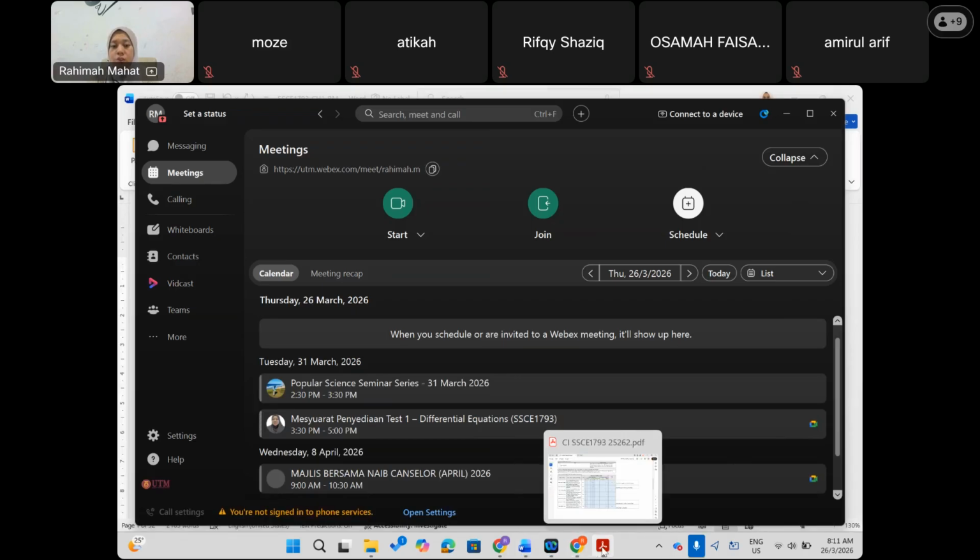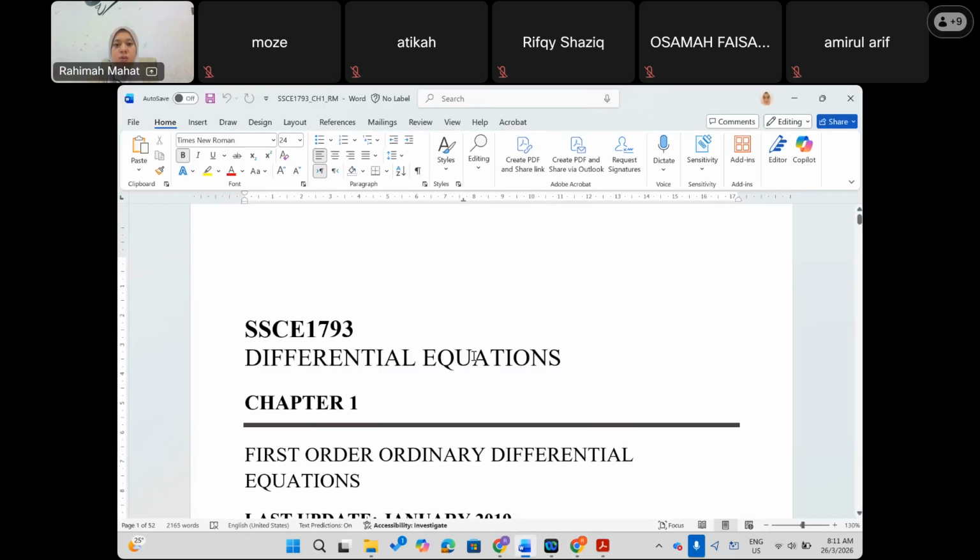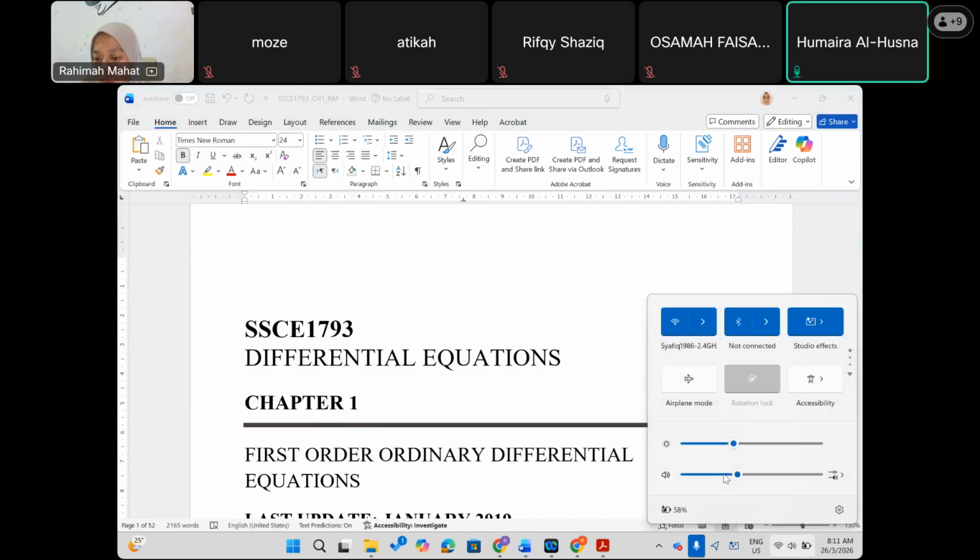Okay, can you see this one? Can you see the screen here? Yes, Doktor. My e-learning still shows the old section. Oh, okay.